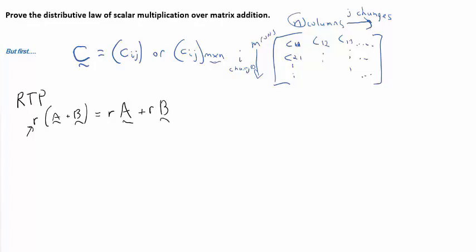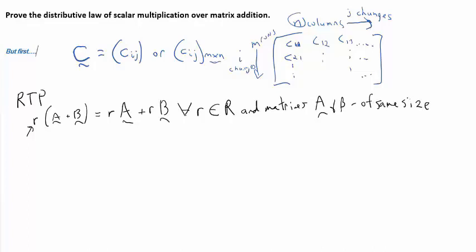But we have to prove it for all, remember that symbol, upside down capital A, for all r which are elements of the real number system, and for matrices A and B which are of the same size, because matrix addition is only defined for matrices of the same size. So that's a correct way to set up the proof.